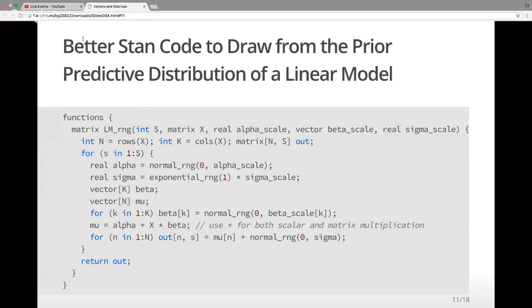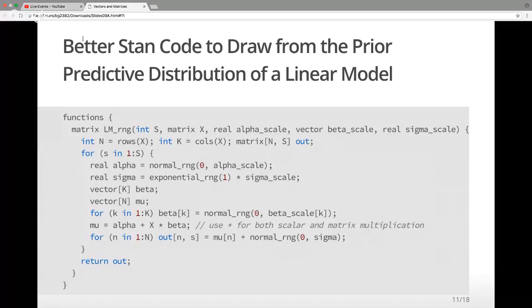Consequently, I have to tell Stan that this function is going to be returning a matrix, although here you don't have to specify what the dimensions of it are.